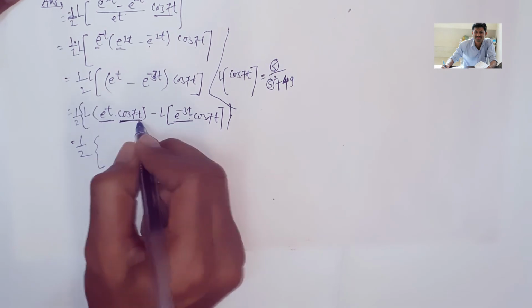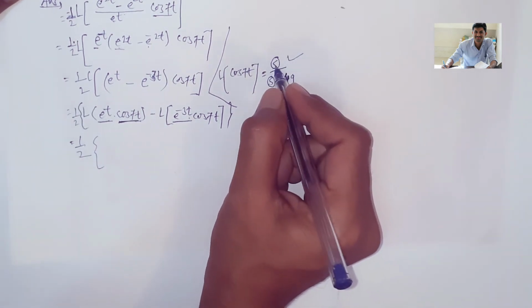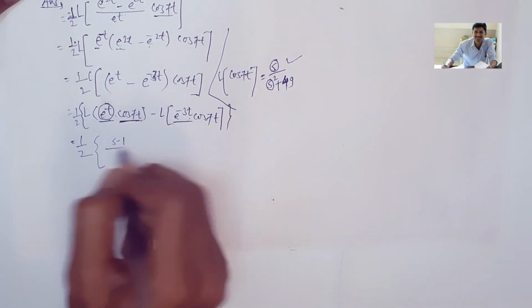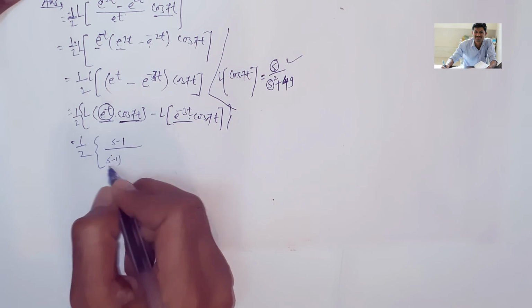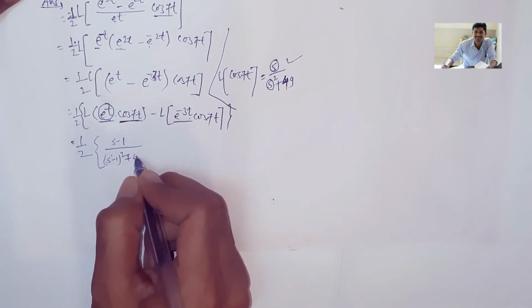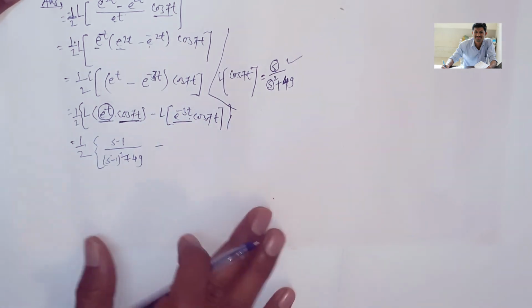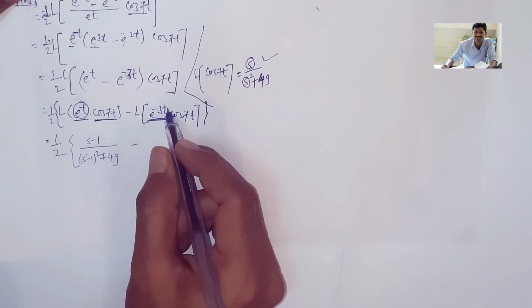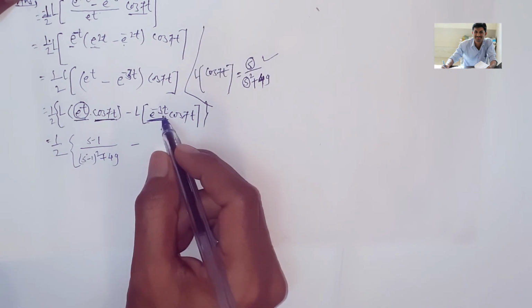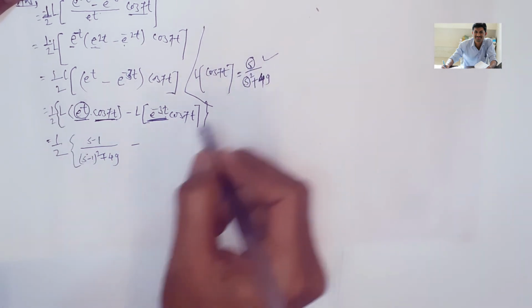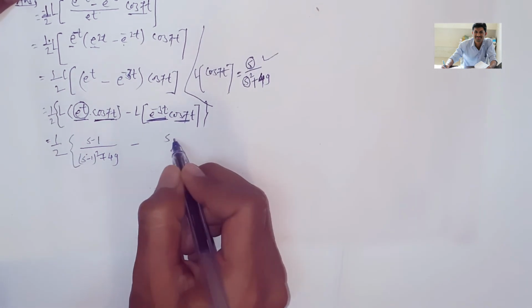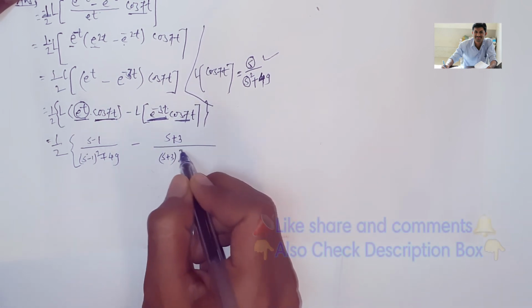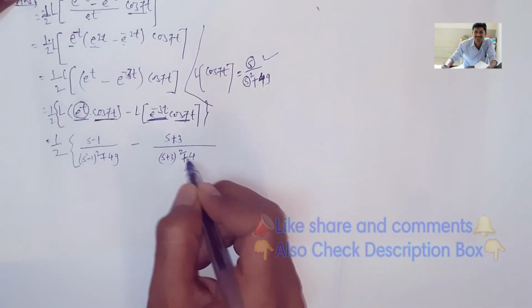Here cos 7t, its Laplace is this one, and in place of s, with the help of the shifting, it is s minus 1 divided by s minus 1 whole square plus 49 as it is, minus, here also the same, but for e raised to power minus 3t, s is replaced by s plus 3. I am writing the same again because of the cos function, so s plus 3 divided by s plus 3 whole square plus 49.